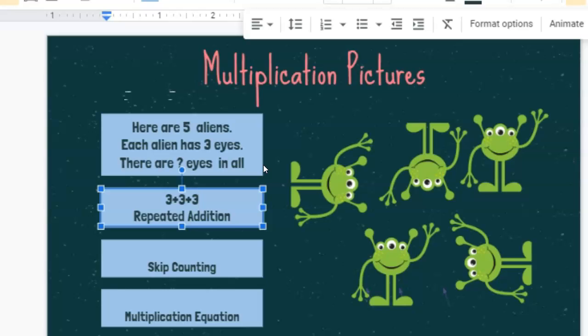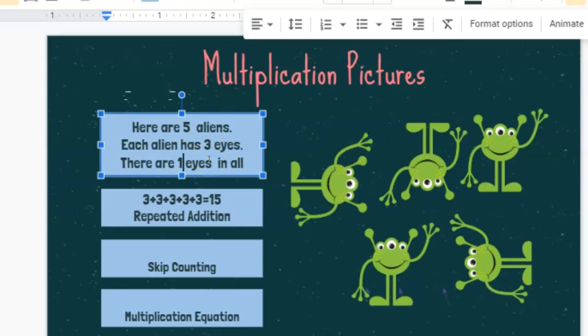I have to do that 5 times. It equals, we don't know how many yet because we haven't skip counted it. Let's skip count by 3 5 times. 3, 6, 9, 12, 15. So now we know, because we added it up, that we have a total of 15 eyes.